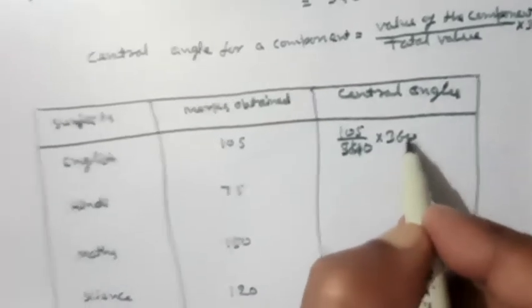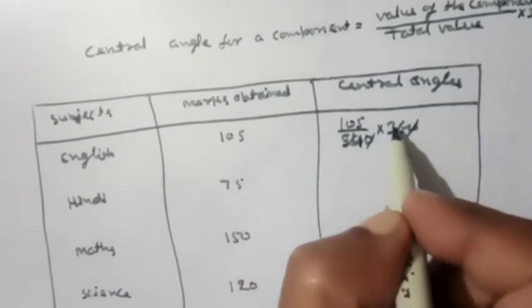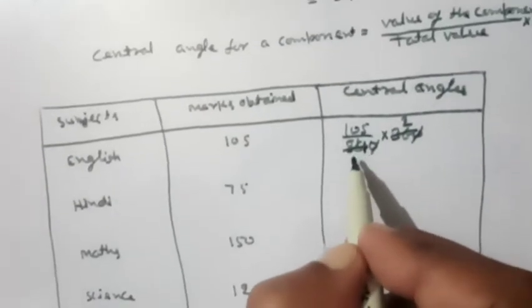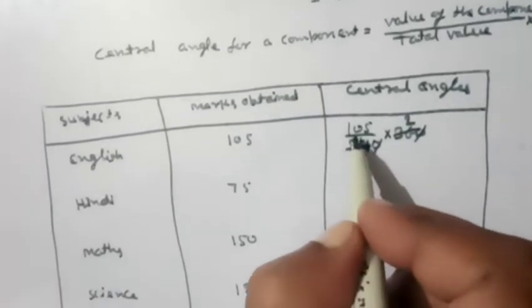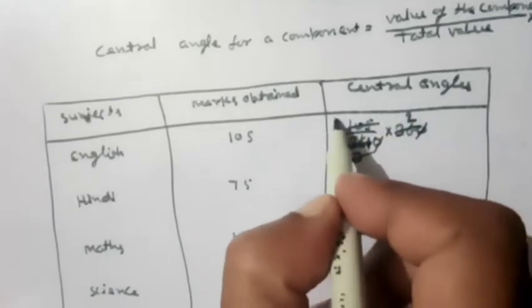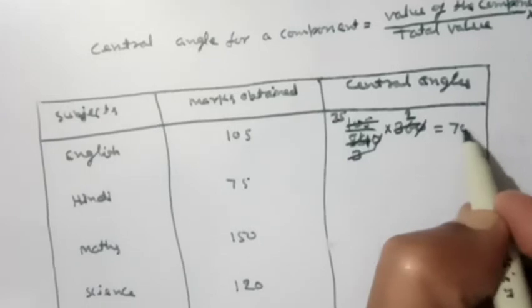Then we get 0 to 0 cancel, 18 2 ja 36, 18 3 ja 54. Then 105 is divisible by 3, 35 times, then we get 70 degree.